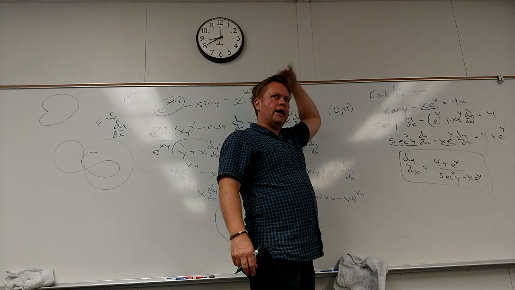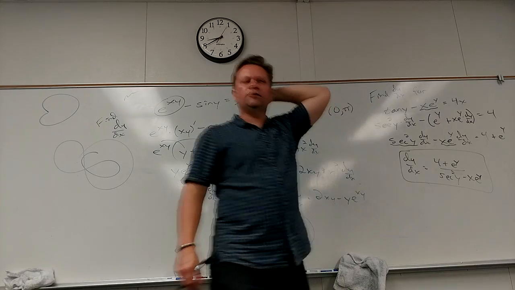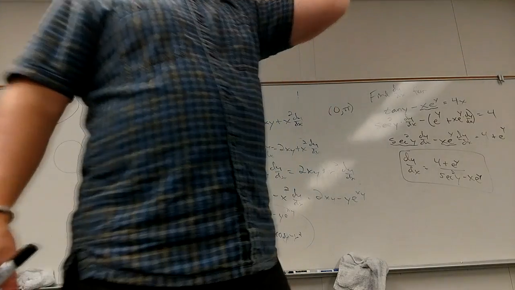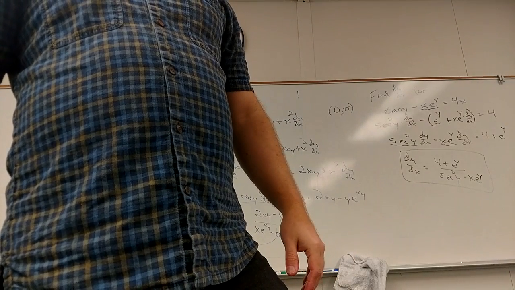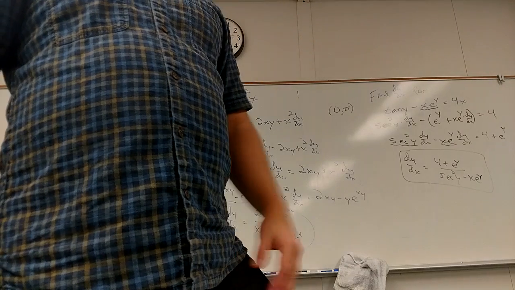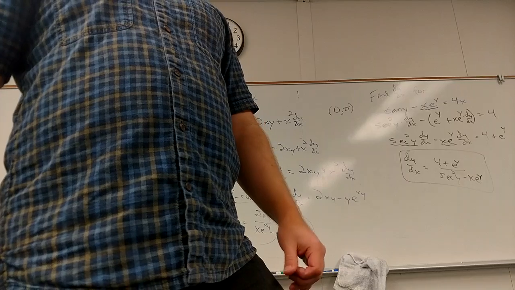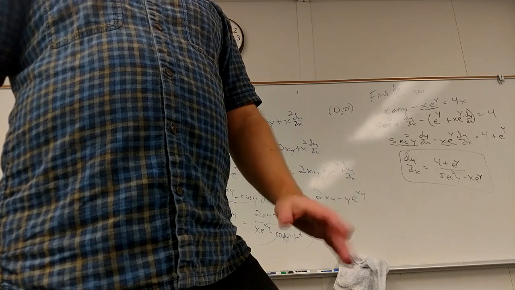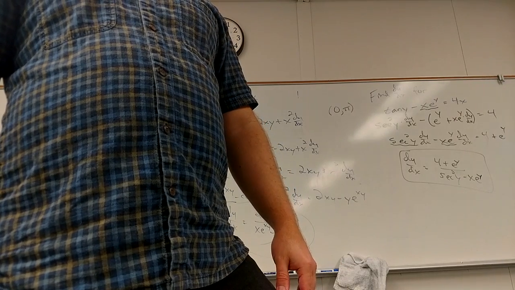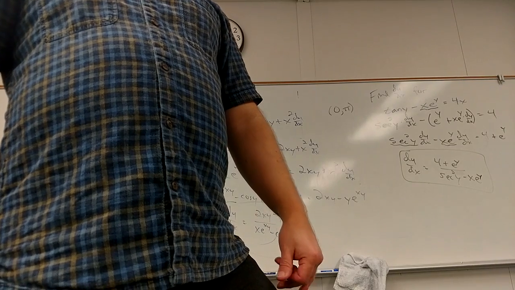What's tangent of pi? What's on the top of tangent? Tangent is what over what? Trig functions. Sine over cosine. So tangent, this isn't perfect, but tangent basically goes like sine. It's big when sine is big, it's small when sine is small. So what's sine of pi?